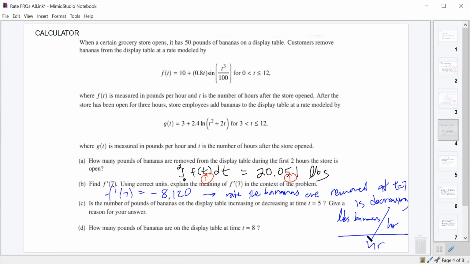So the rate at which the rate is changing is negative 8.120. The rate they're being removed is decreasing because the derivative of that rate is negative. Good or no? And 1 point for the value, and 1 point for this description.